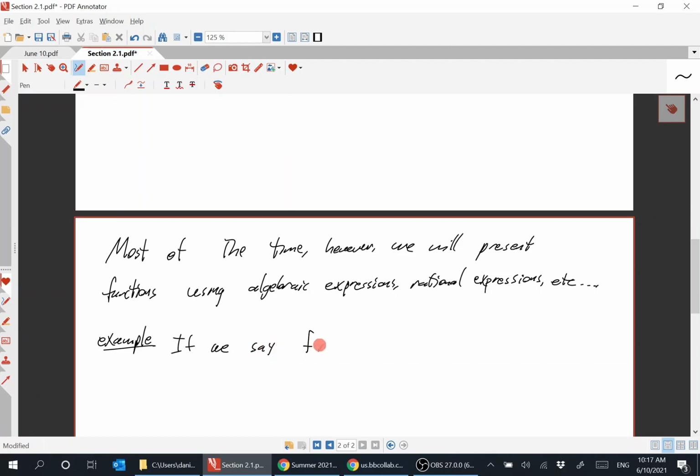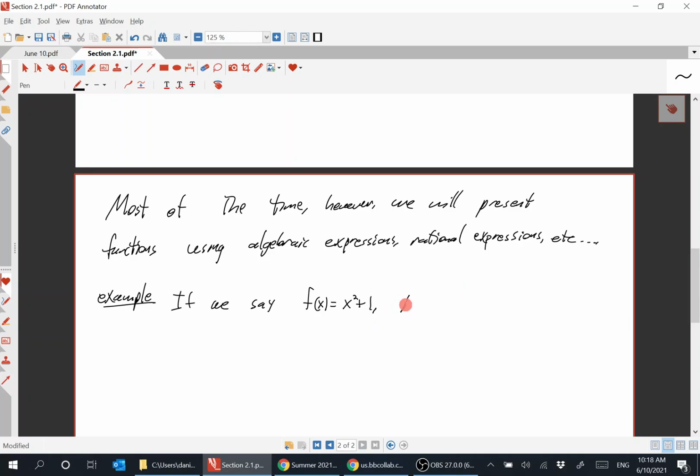f of x is equal to, say, x squared plus 1, then this means that the value of the function f with input 3 is equal to 3 squared plus 1, which is 9 plus 1, which is 10. All right, the value of f with input 0 is 0 squared plus 1, which is 1.